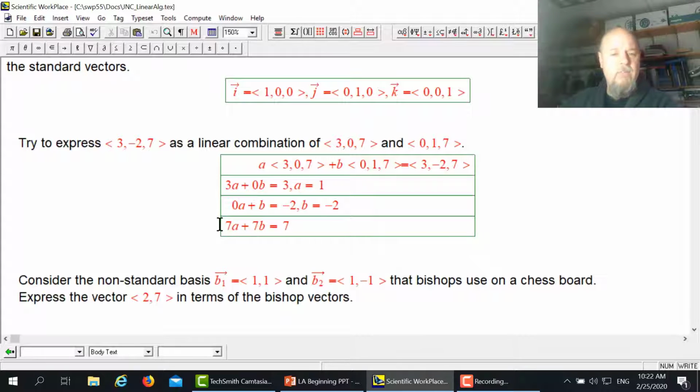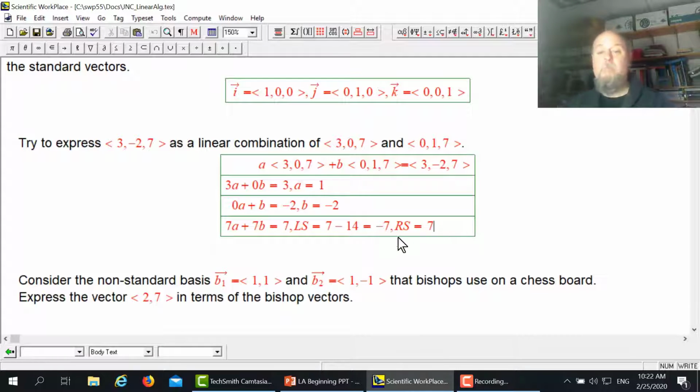In this case, then, since a has to be 1, the left side of this last equation should be 7 times 1 plus 7 times minus 2. That's going to be 7 minus 14, which equals minus 7. And the right side of that equation equals 7.